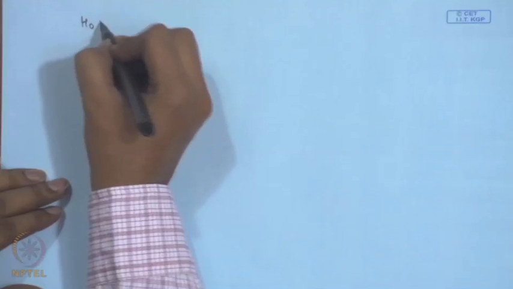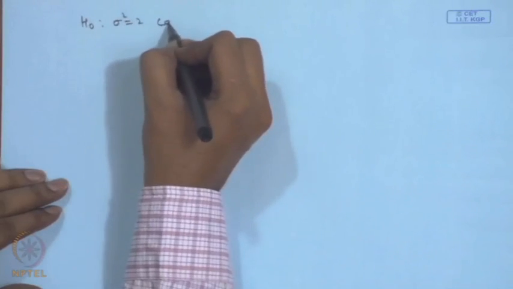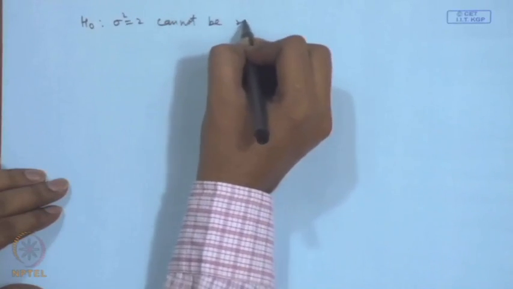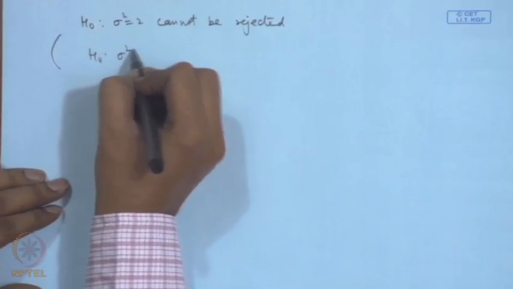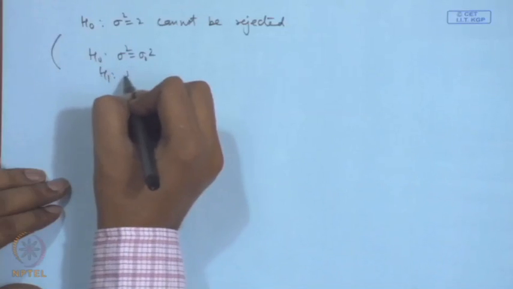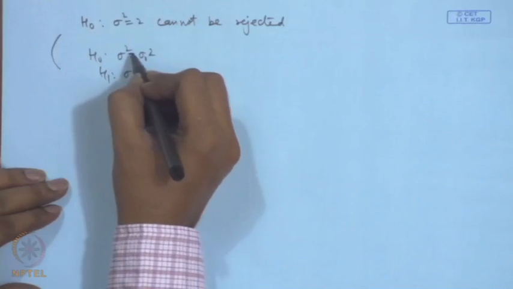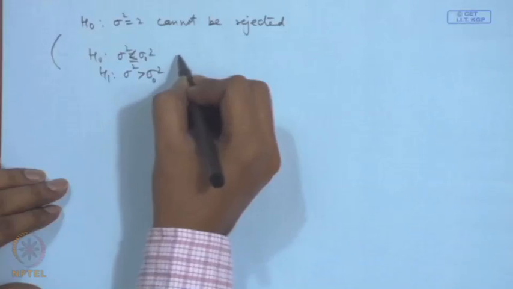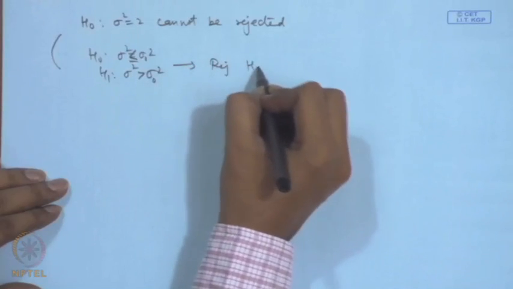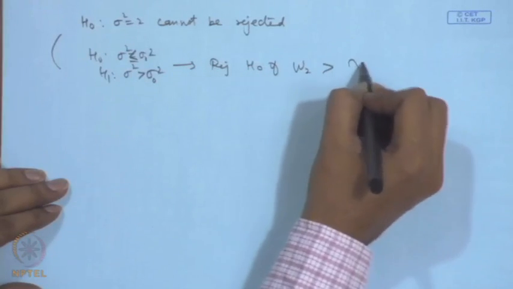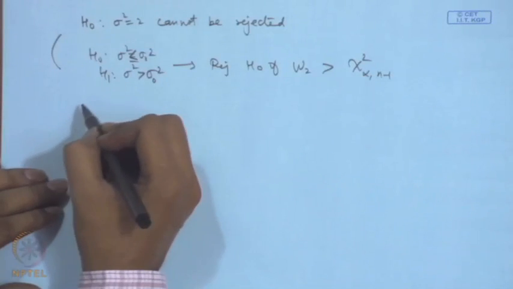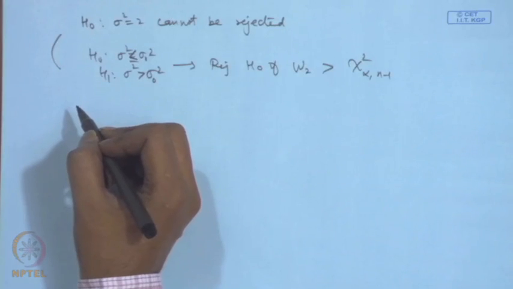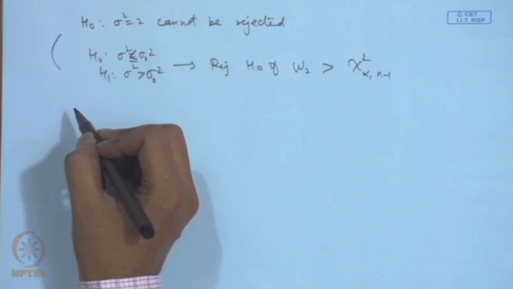So, here we say that H naught: sigma square is equal to 2 cannot be rejected, because the rejection region for H naught: sigma square is equal to sigma naught square against H 1: sigma square greater than sigma naught square would have been reject H naught if W 2 is greater than chi square alpha, n minus 1. So, here we cannot reject the null hypothesis.